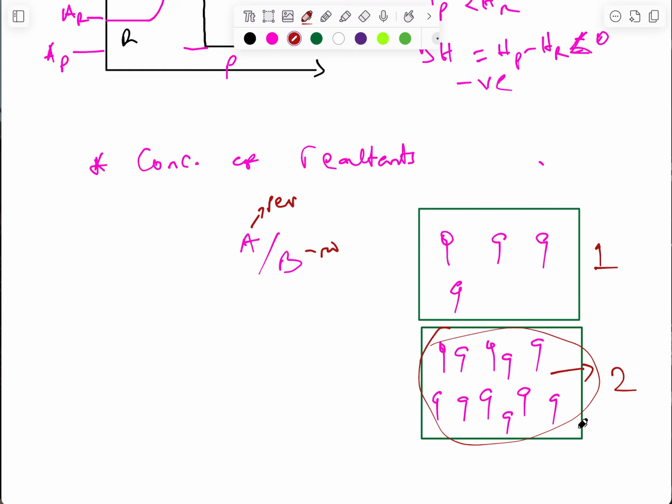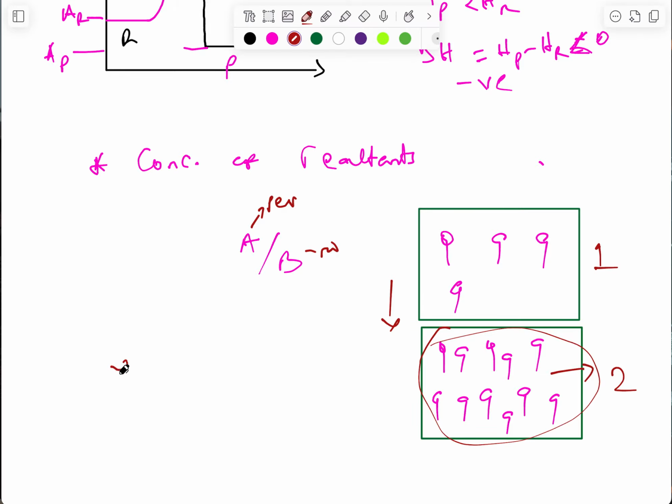Of course, it will be scenario two. So when concentration increases, the rate of chemical reaction also increases, because now you can have more collision take place. There are many substances in the same solution, so there will be an increase in chance of collision, and that is for concentration.